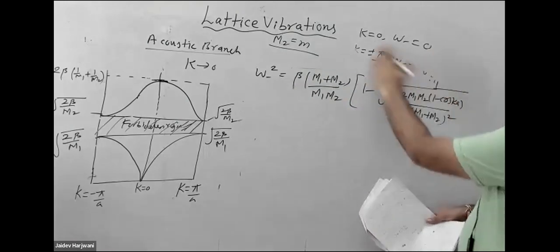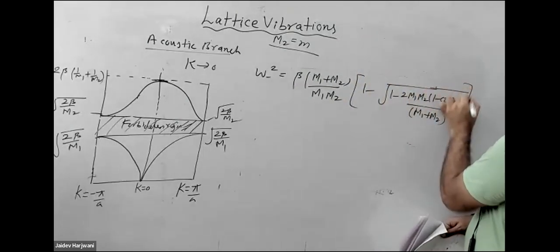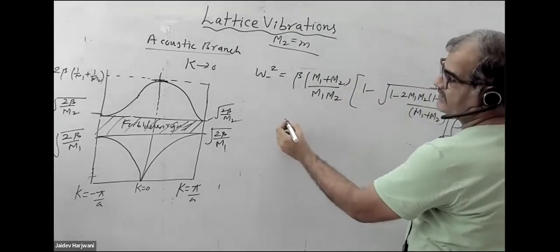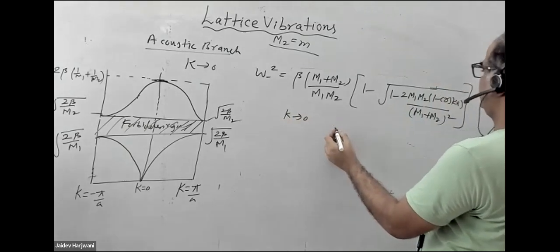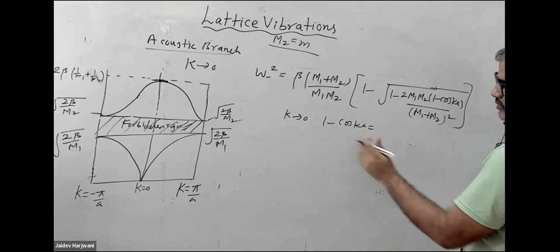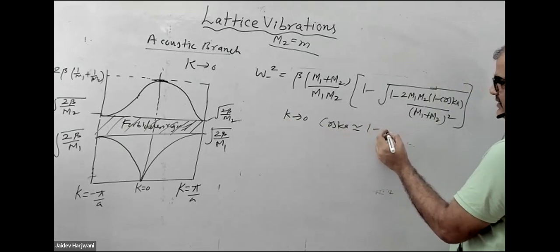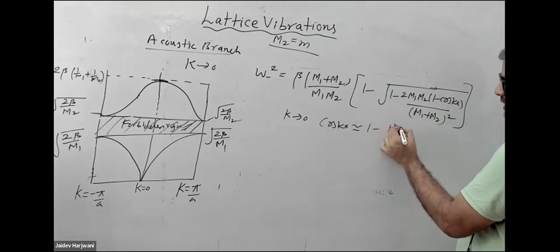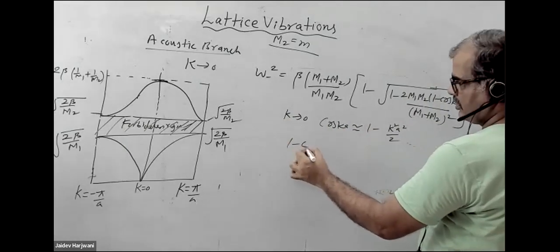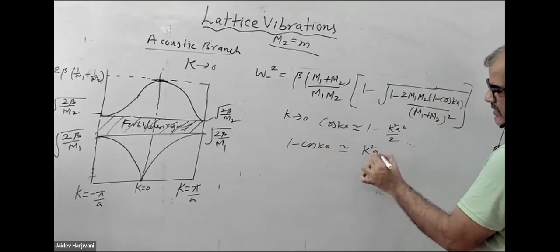This was our omega square relation for the acoustic branch. Now we have to see what happens when k tends to 0. You can write cos ka almost equal to 1 minus x square by 2, so 1 minus cos ka is almost equal to k square a square by 2.